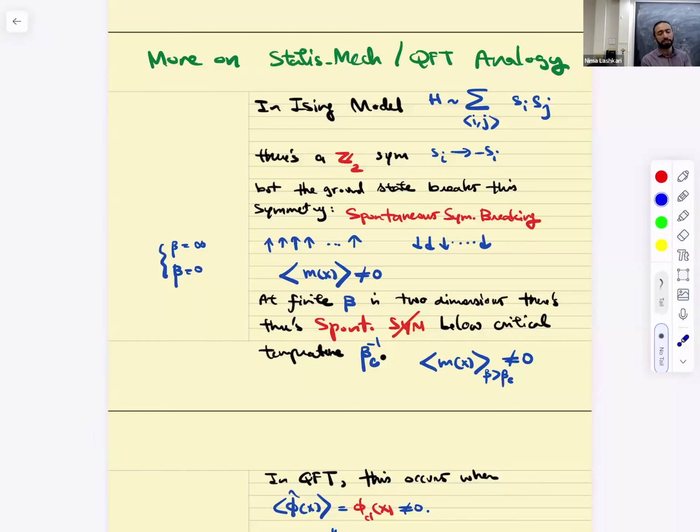That would be because the action came with this Z2 symmetry, or in the case of the O(N) model, an O(N) symmetry that was unbroken. Now it could be spontaneously broken. This happens in StatMech all the time, for instance, when there are phase transitions.